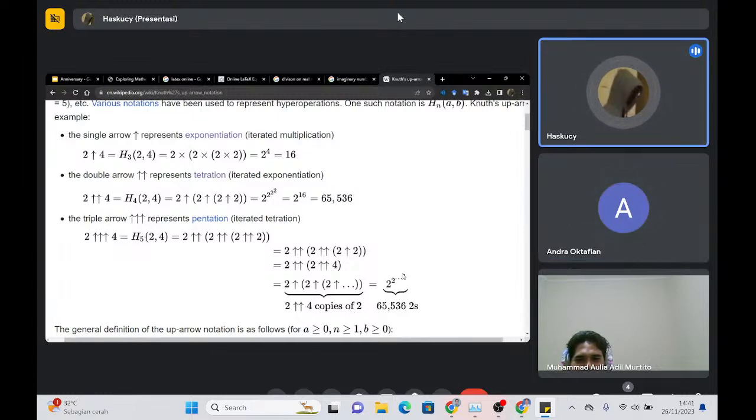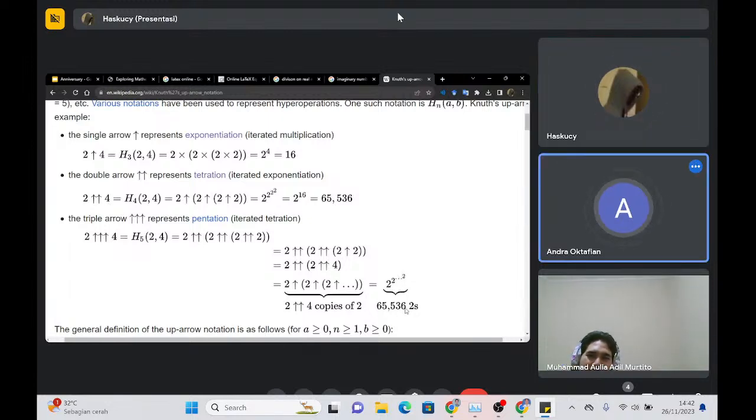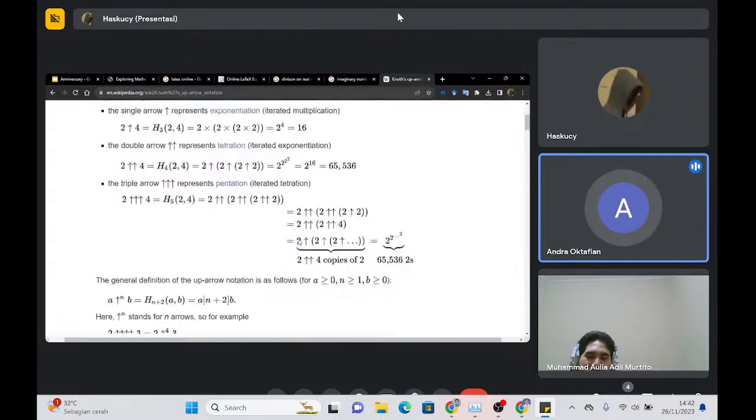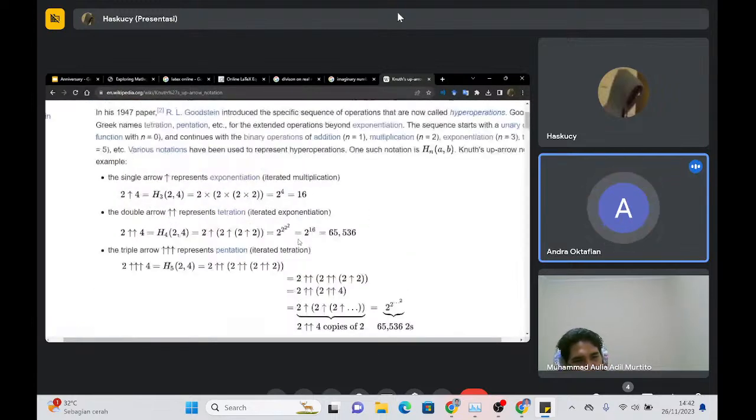So this is the number of stairs, going to be to the power of the third tetrate of 4 basically.